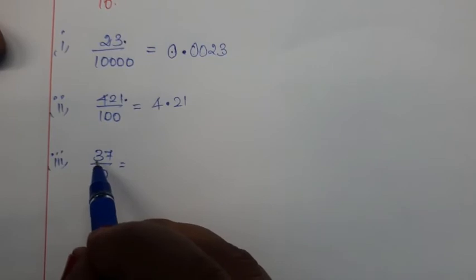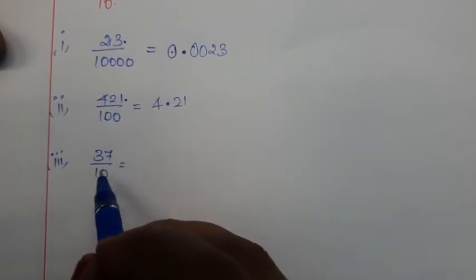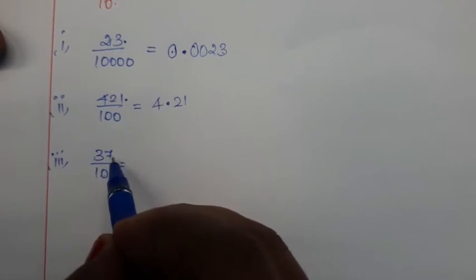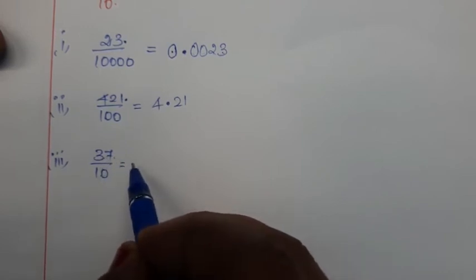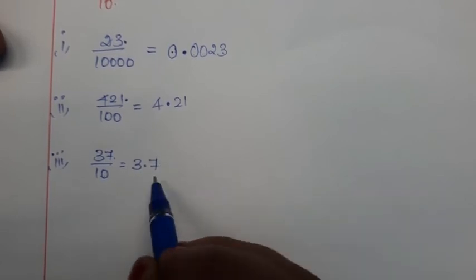Third subdivision, 37 divided by 10. Dividing 37 by 10. Here in the denominator we have 1 zero. So we should move the decimal point 1 digit leftward. So we should write 3.7, which is the required answer.